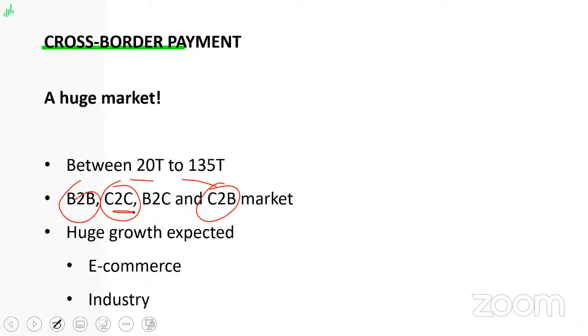Because most of the time it's very big companies using very big banks, and I can't see Louis Vuitton or whoever doing huge amounts of cross-border payments suddenly using DeFi or even Wise. They will always use very big banks. So the bigger part of the market cannot be taken by DeFi. But there are many other markets that we should focus on.